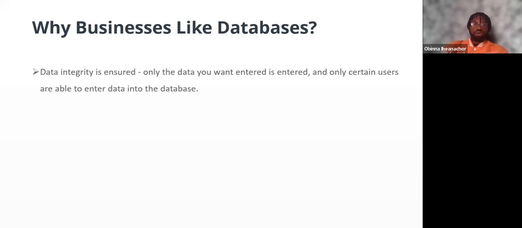So for example, let's say we are trying to work with data for sales. If anyone can just come and change data, Mr. A can make 5 sales and find a way to manipulate it to show 50 sales. But a database, if it's structured correctly, minimizes the risk of manipulating and changing data.